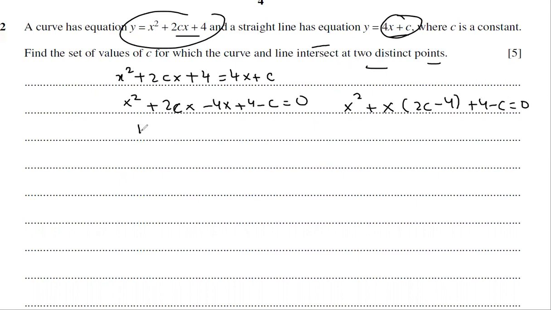Intersect at two different points, b square minus 4ac is greater than 0. Okay, b square is what? 2c minus 4, minus 4 into a is 1, c is 4 minus c, is greater than 0.